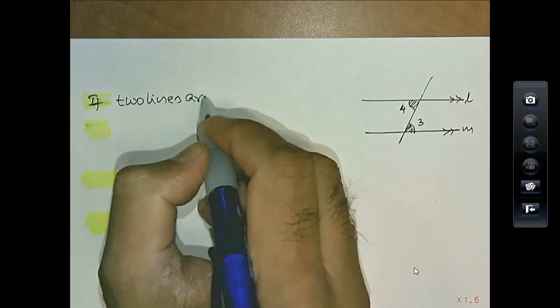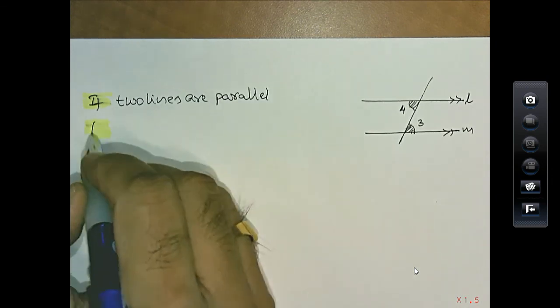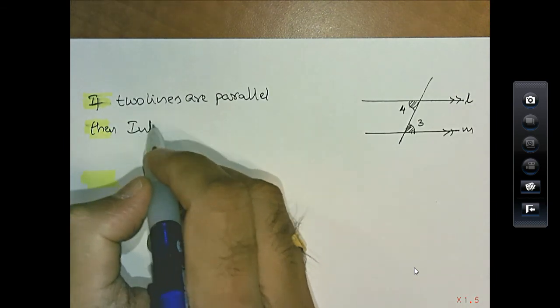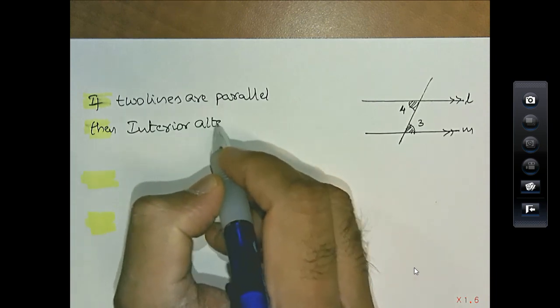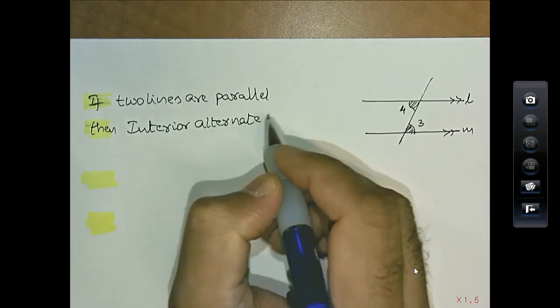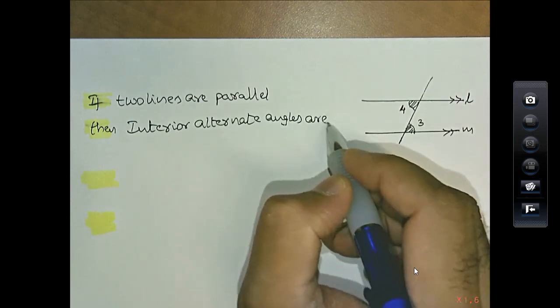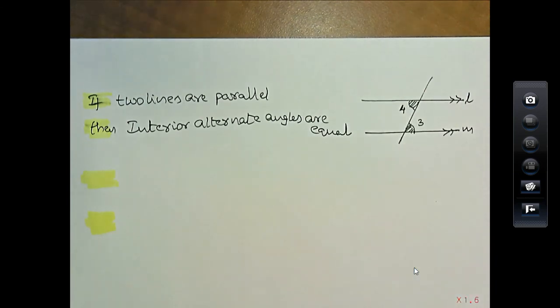are parallel, then interior alternate angles are equal or maybe congruent, right? All of you know that.